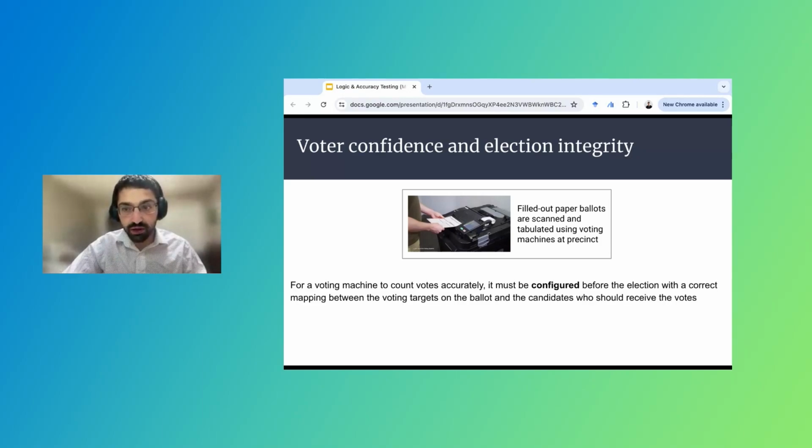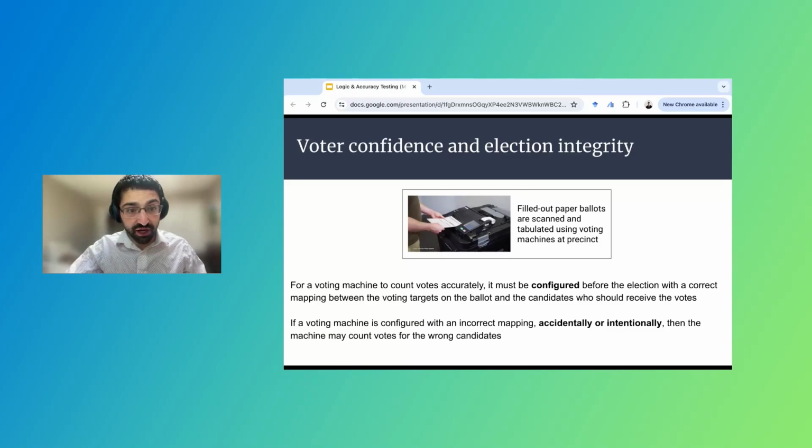So for a voting machine to count votes accurately, it must be configured before an election with a correct mapping between the voting targets on the ballot. By voting target, I mean that little bubble or oval next to candidates that you fill out. There must be a correct mapping between those targets on the ballot and the candidates who should receive the votes when that target is marked.